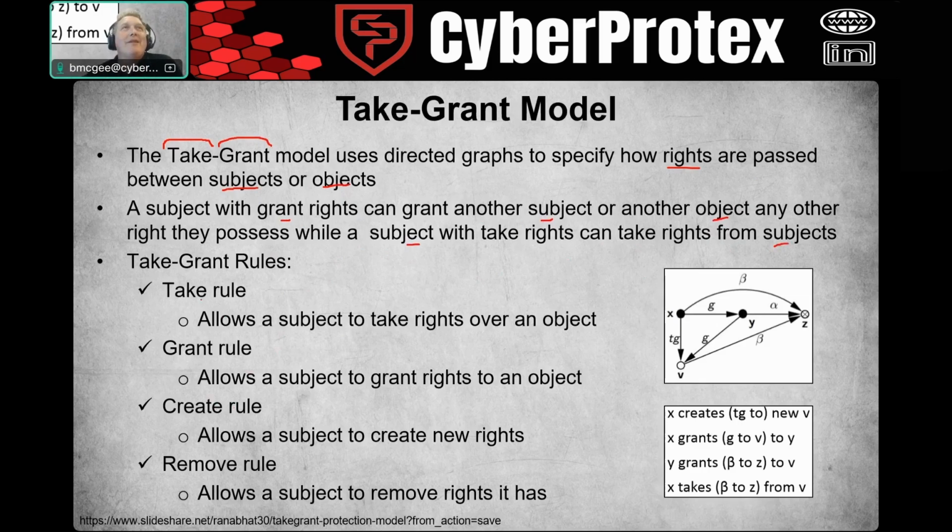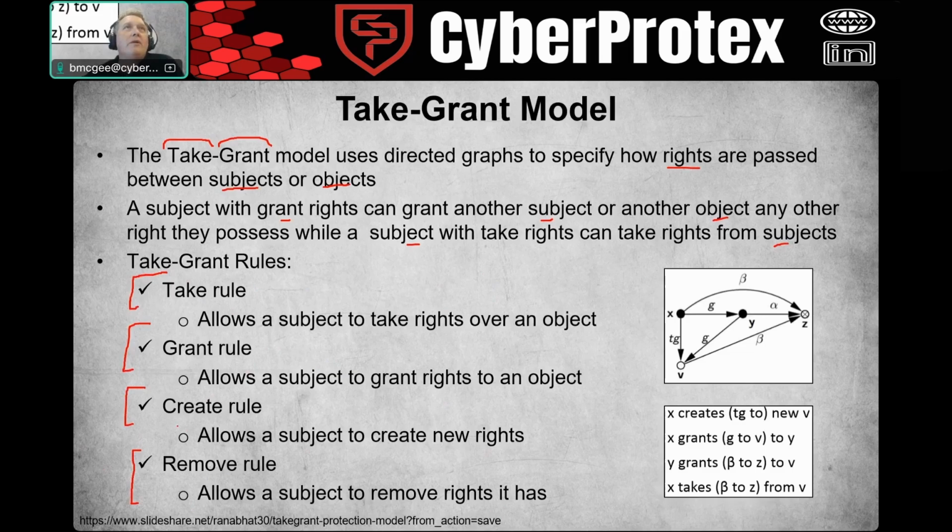There are oftentimes different rules that are associated with this Take-Grant model, and hopefully you see this on the exam and you get a big grin and you think of me as you're laughing all the way to the promised land with a pass on this.